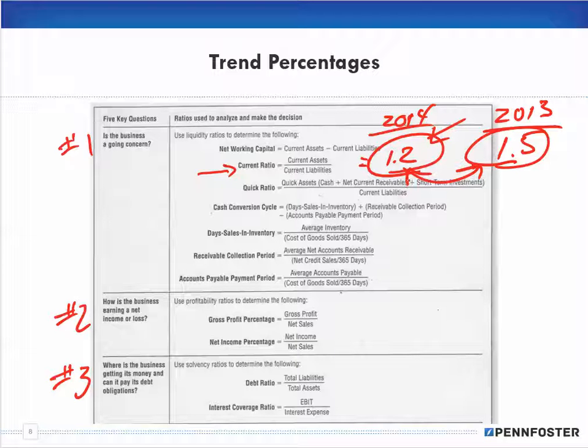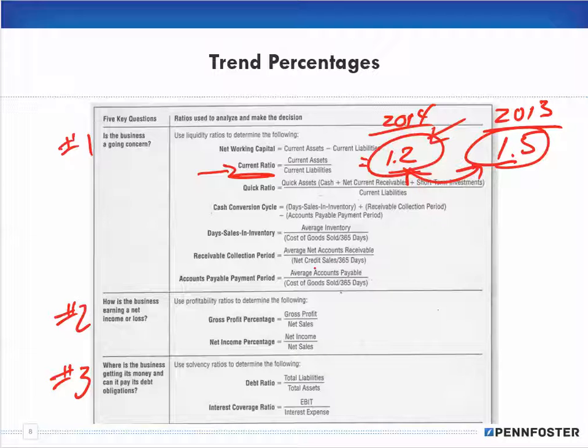Now, I'm stumbling and babbling a little bit because I'm trying not to get into the specifics. Again, the theory behind these ratios was covered in Math for Business or in previous chapters in the Focus on Decision Making. The best way to get a handle on these numbers is to play with them.